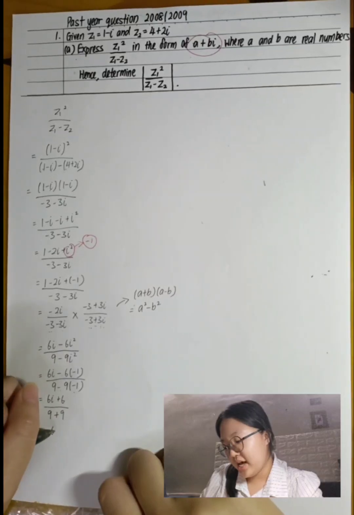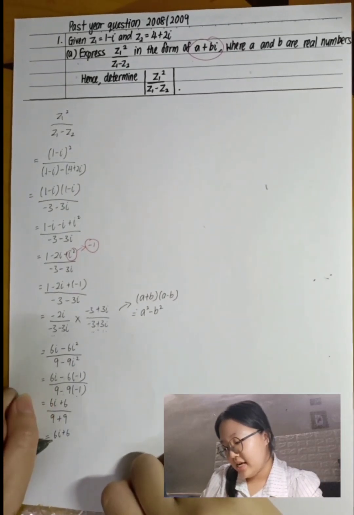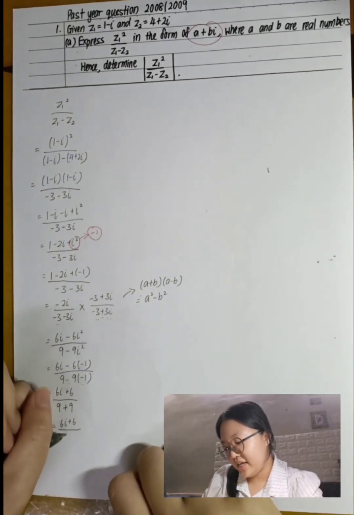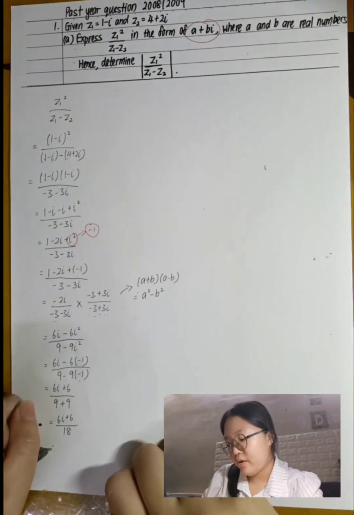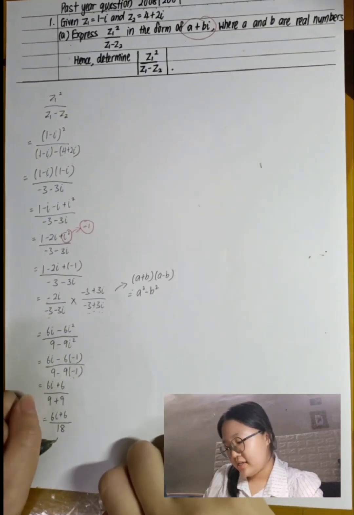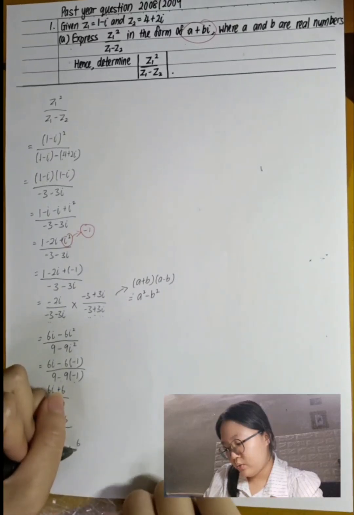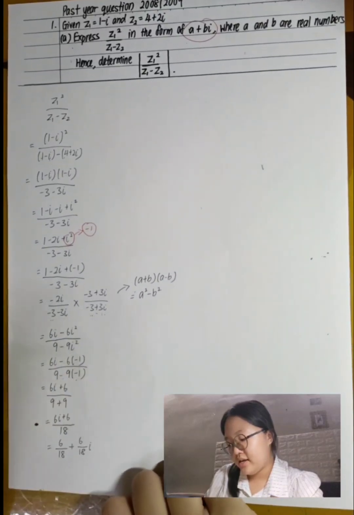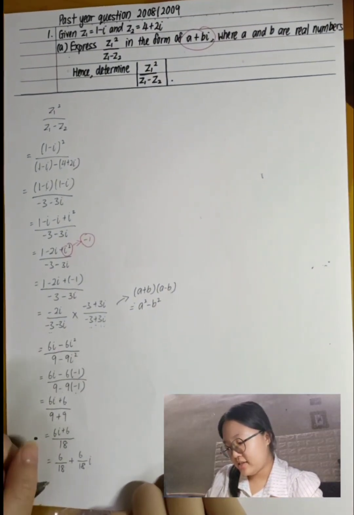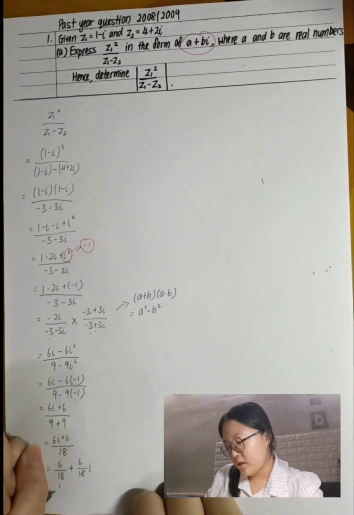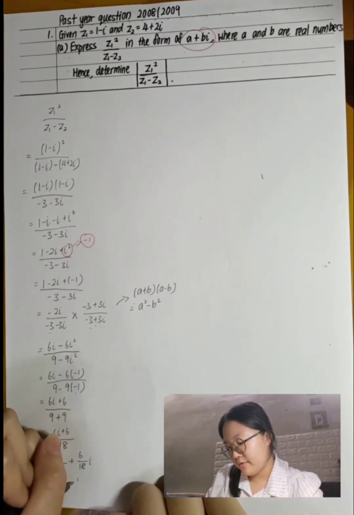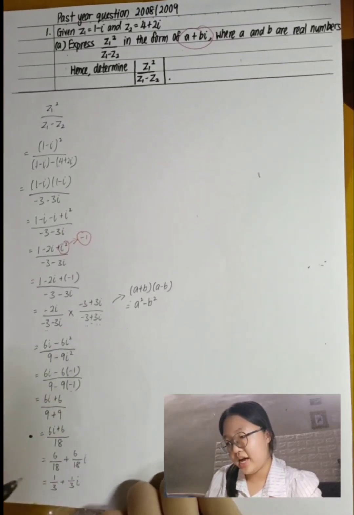So 6i plus 6 divided by 18. Then we have to separate it. 6 over 18 plus 6 over 18i. So simplify it. So you get 1 over 3 plus 1 over 3i. This is the answer.